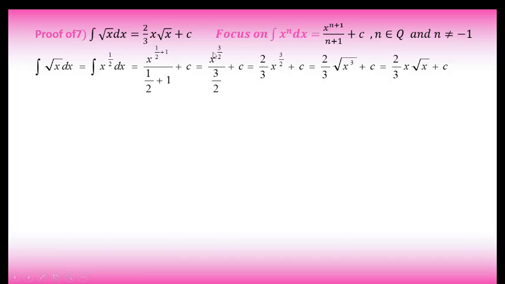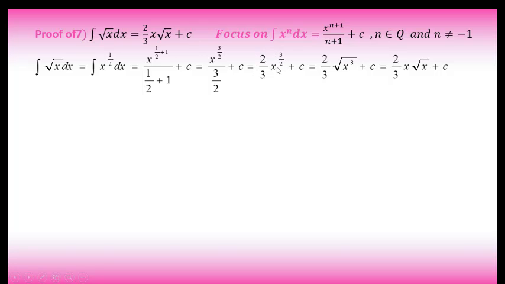Add 1 to the power and divide by the new power: x^(3/2) over 3/2. Now x^(3/2) over 1, over 3/2, extremes by extremes or means by means, to get 2/3. So 1 over 3/2 equals 2/3, converted to 2/3 x^(3/2).